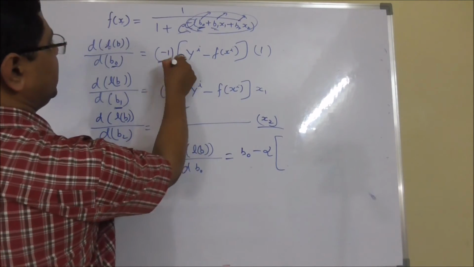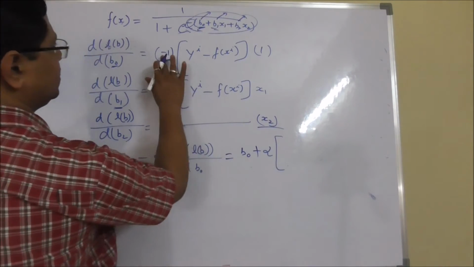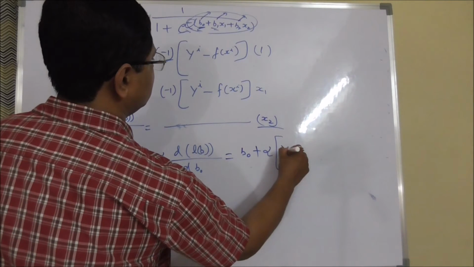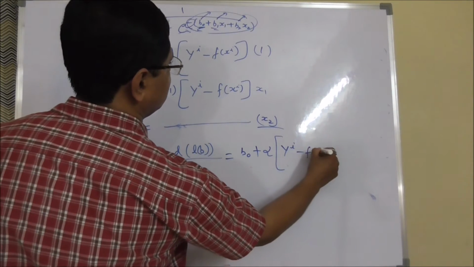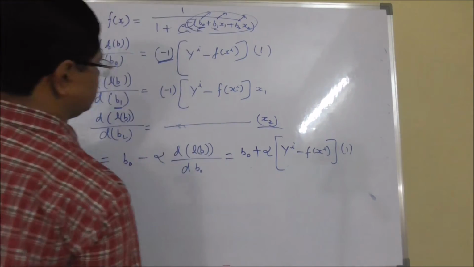Actually this is the minus 1 part, so due to this minus 1 we use the plus sign: b0 equals b0 plus alpha times (yi minus f(xi)) times 1.